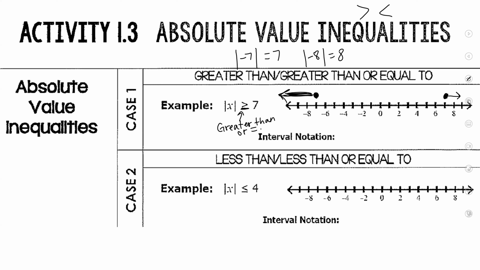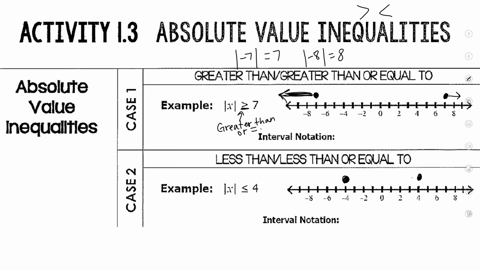When we have less than or equal to, we want numbers that are only 4 spaces away from 0 or shorter or less than that, okay? So that would include numbers between -4. So let's put a point at -4 and 4.